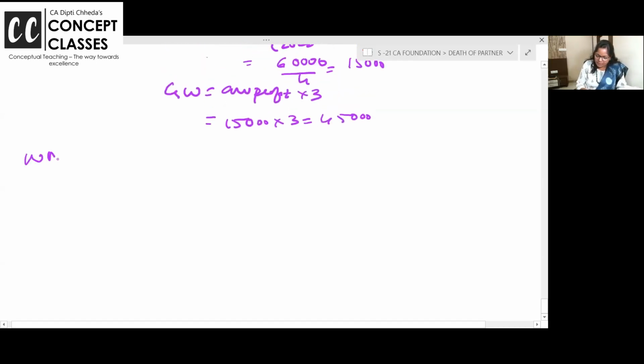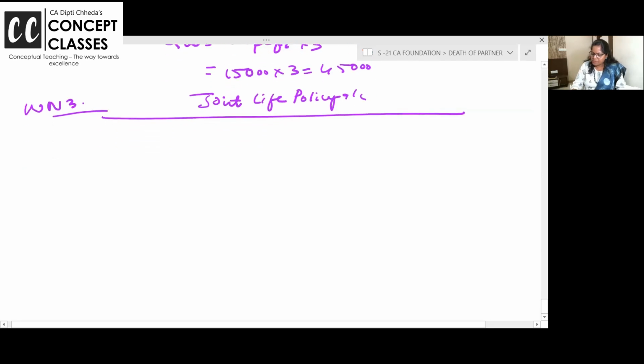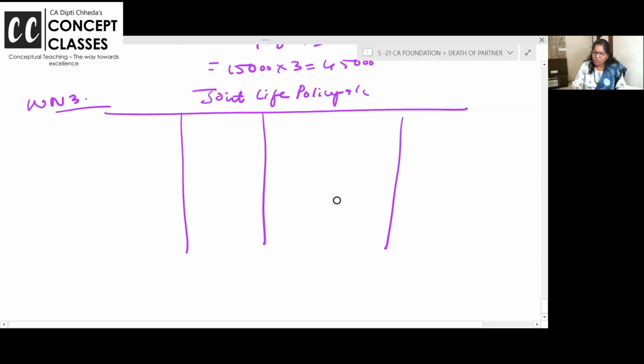Working note 3. Joint life policy account, a small one. Opening balance on 1st of January: how much is the joint life policy? 6,000. Again on 1st February, you paid more premium.